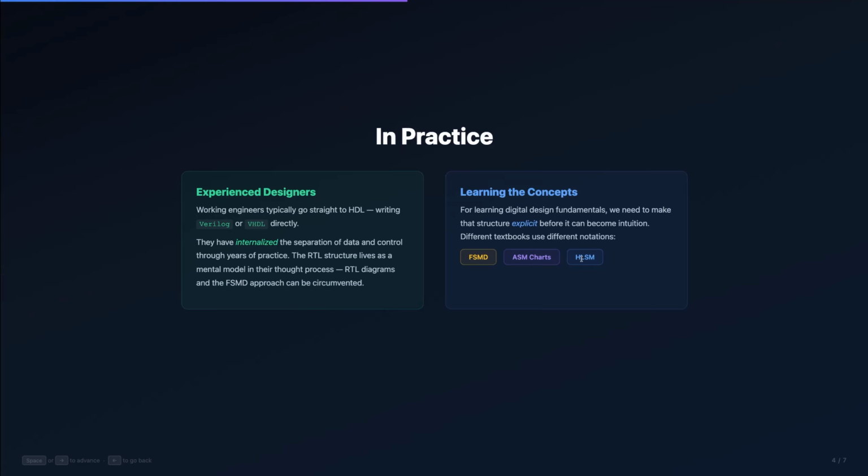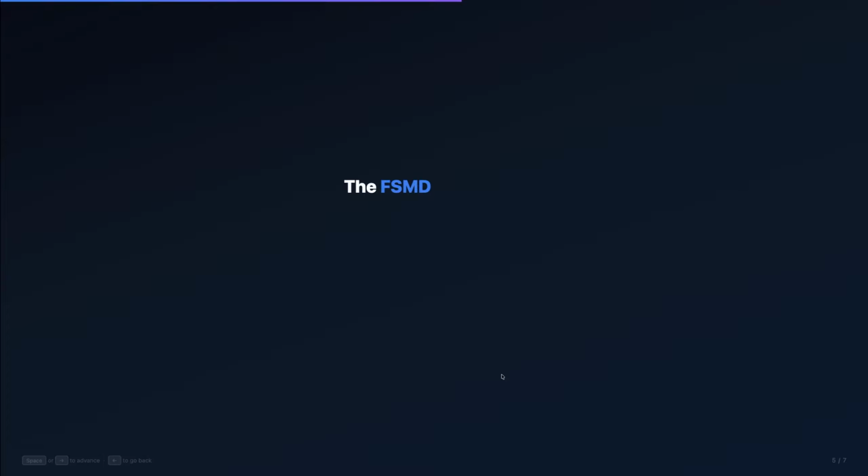The Zybooks approach has a high-level state machine kind of terminology, but these are basically the same ideas, the same notions that talk about describing an algorithm and then systematically decomposing this into hardware. So I feel like the most common terminology is this finite state machine with a data path, and so that's what we're going to use in this course.